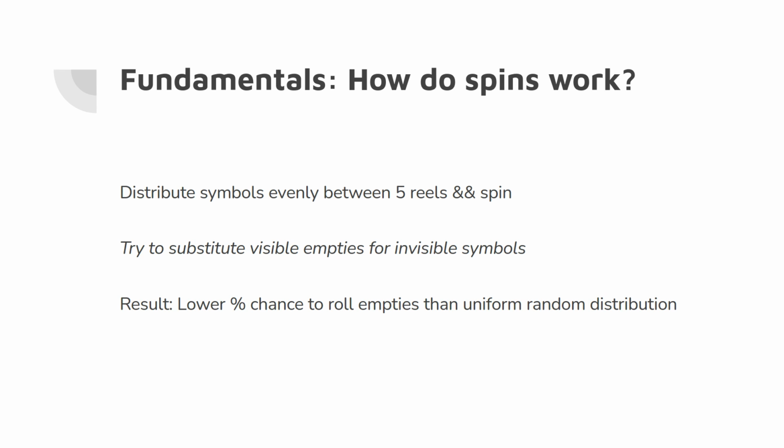And by invisible symbols, I mean the symbols that are off of the board. So these will try to pull symbols that are not shown in the initial loadout onto the board. The result of this is there's a lower % chance to roll empties than a uniform random distribution if you were to just distribute symbols evenly between 5 rails and spin.